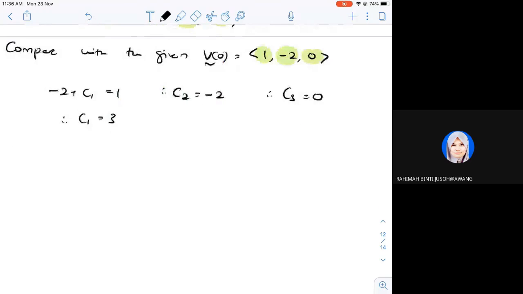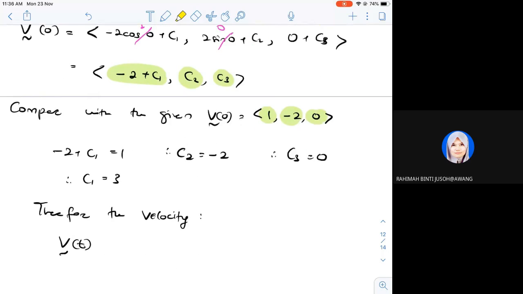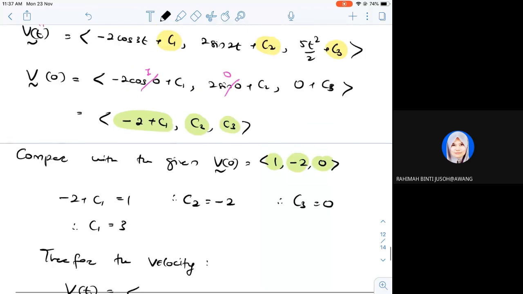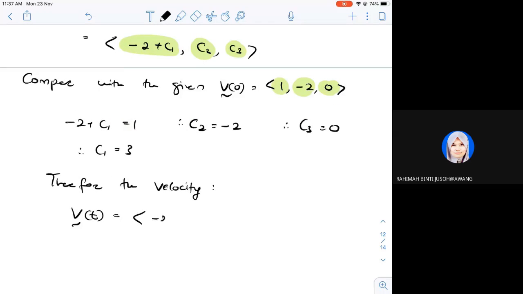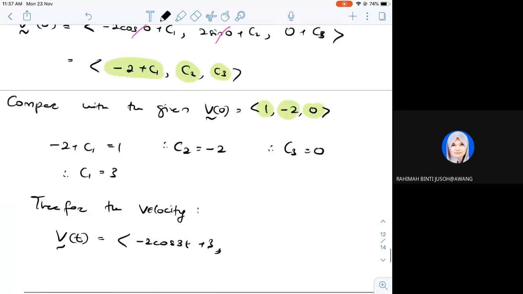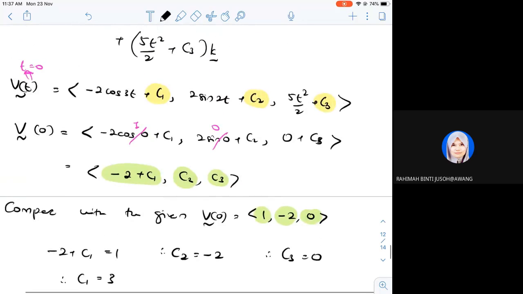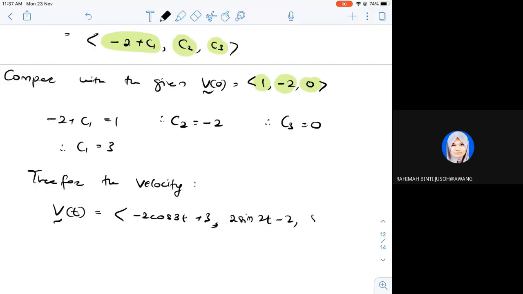Alright? So therefore, the velocity equals to Vt. Substitute again your C1, C2, and C3 inside this. Here, here, and here. Okay, so we will get Vt is equals to negative 2 cos 3t plus 3, and then 2 sine 2t minus 2, and then the third component 5t squared over 2.